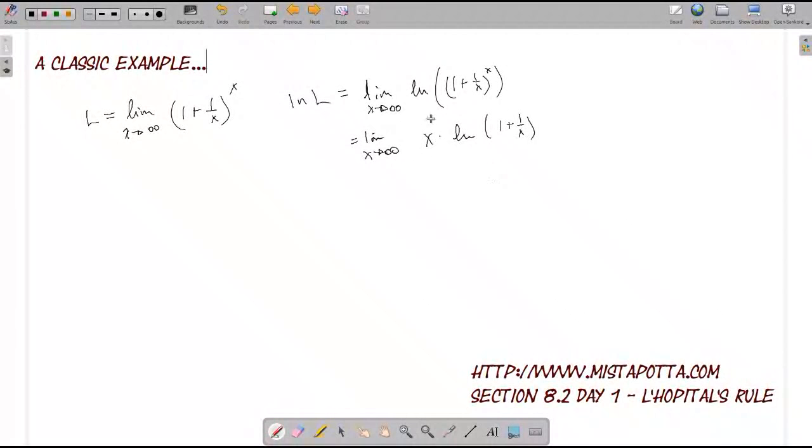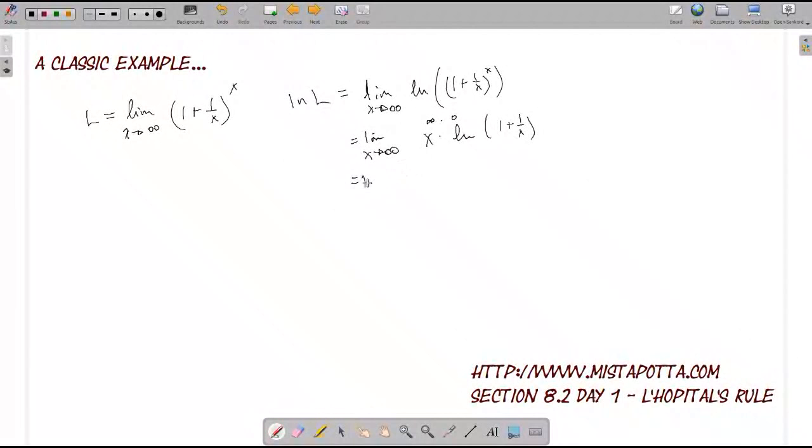And this is one of those situations where I've got infinity times 0, one of those indeterminate forms that we talked about before. And on the previous slide, we said what we do is we try and rewrite this as a fraction, so I get infinity over infinity, or 0 over 0.